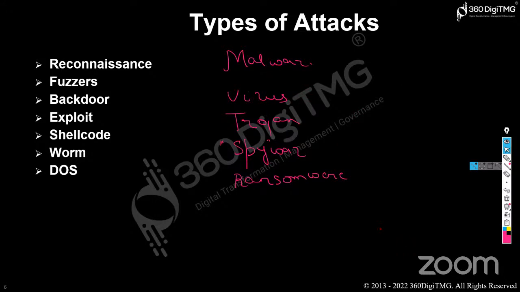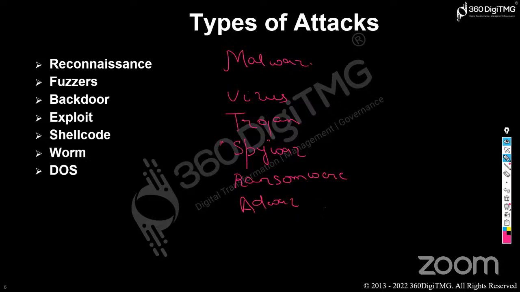Ransomware, guys. Now, a malware which locks down a user's files and data, and erases all these unless a ransom is paid. Ransom, right? So that is ransomware. We have heard about adware.